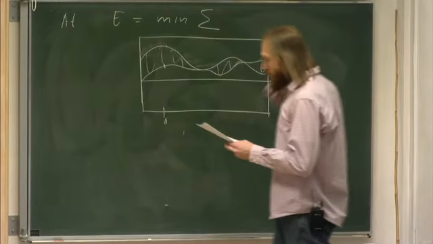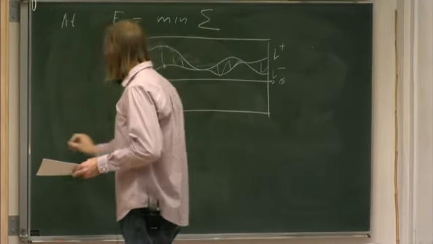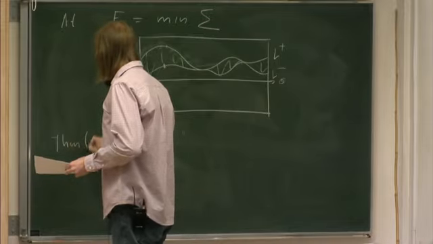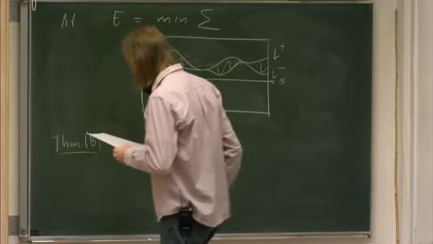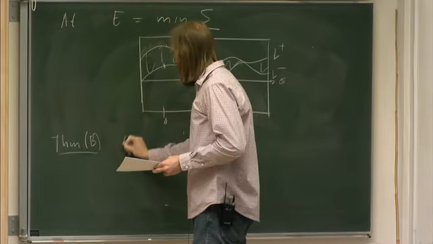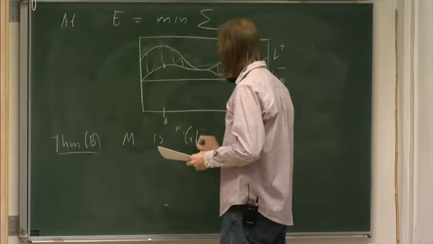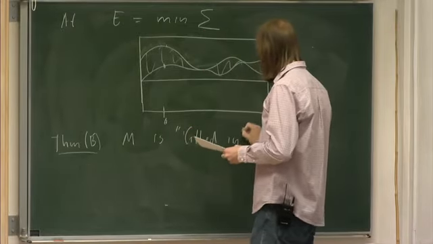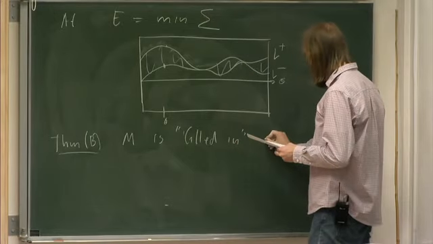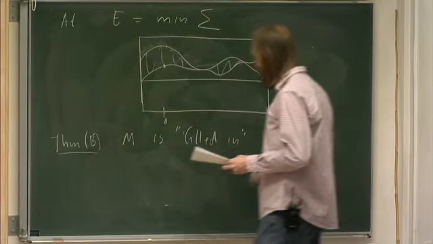And you can actually show, it was a theorem I proved a while ago, that this minimal set M is what you could say filled in. That it looks the following way.